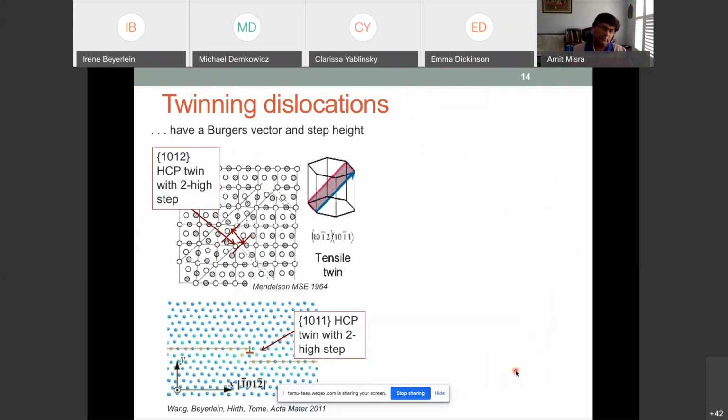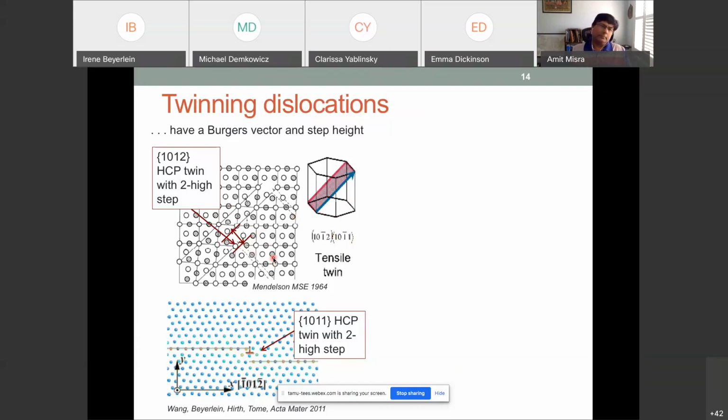So the amount of Burgers vector, the amount of displacement incurred at the core of that twinning dislocation, is spread over more than one crystallographic plane. Here I'm representing the most common twin in the HCP class of metals, and again, it has a particular twin plane and a particular twin direction.